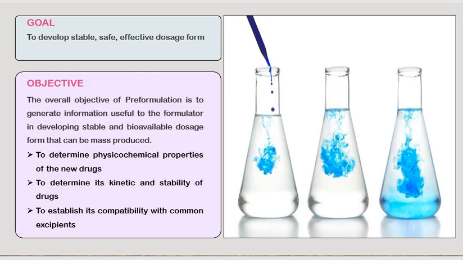The term physicochemical properties means the physical properties of the drug and the chemical properties of the drug. Next, to determine the kinetics of the drug, that is how the drug is getting released from the dosage form, and the stability of the drug in case of the API alone or in the formulation of the dosage form, and to establish its compatibility with the common excipients which we are using to make the dosage form.